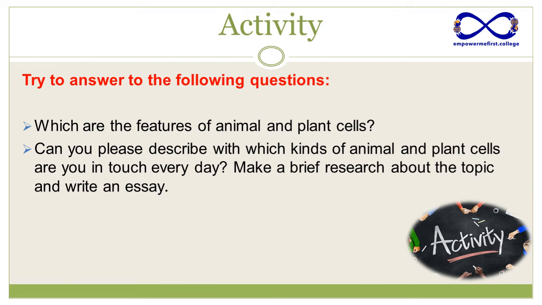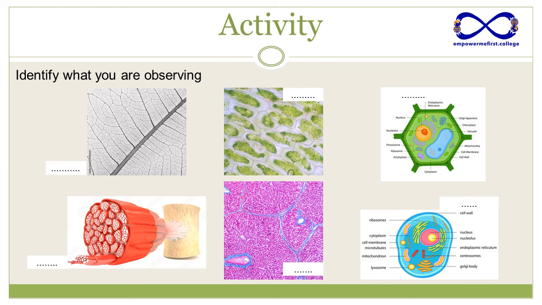And now it's also time for you to do activities. Try to answer the following question. Which are the features of animal and plant cells? And also, can you please describe which kinds of animal and plant cells you are in touch with almost every day? Make a brief research about the topic and write an essay. This is the first activity, but for this video we have another activity.